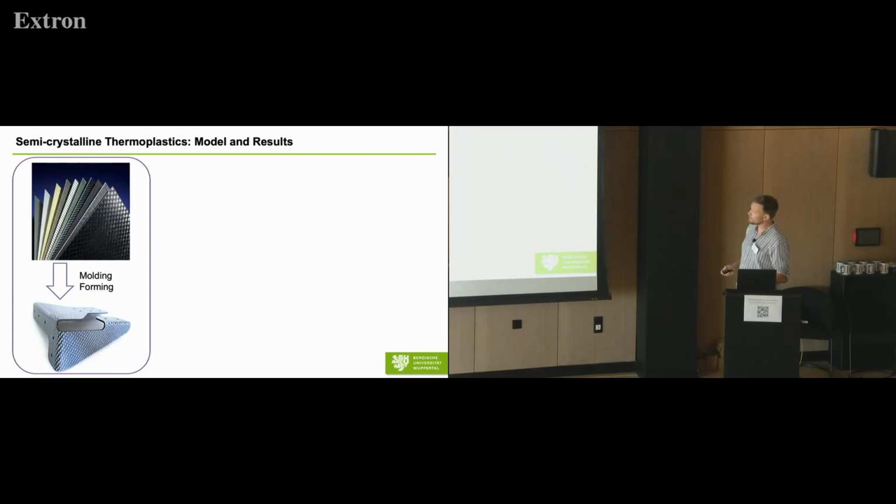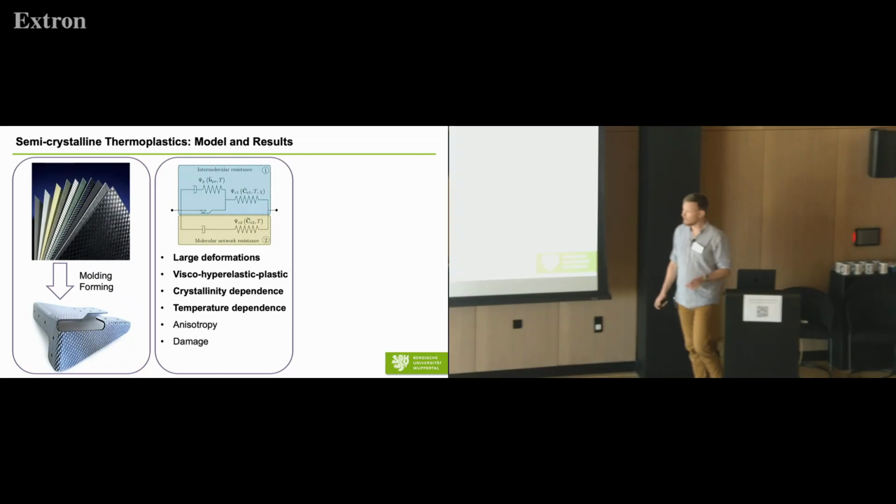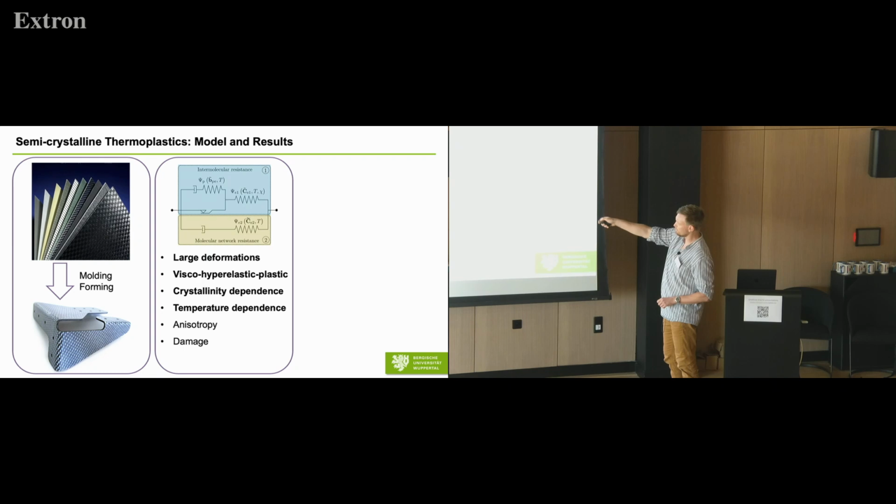Second example, thermoplastics. The figures show so-called thermoplastic sheets reinforced with carbon fiber, which are heavily used in industry to rapidly produce parts. We are just dealing with a matrix material, the thermoplastics, where we have a viscoelastic molecular network resistance and a viscoelastoplastic intermolecular resistance, all in finite deformations.